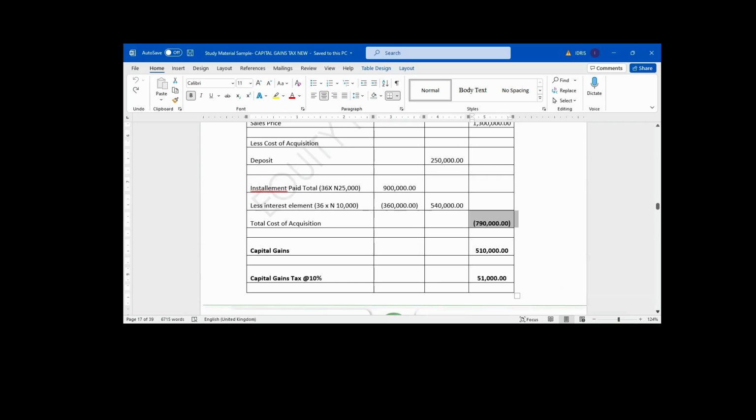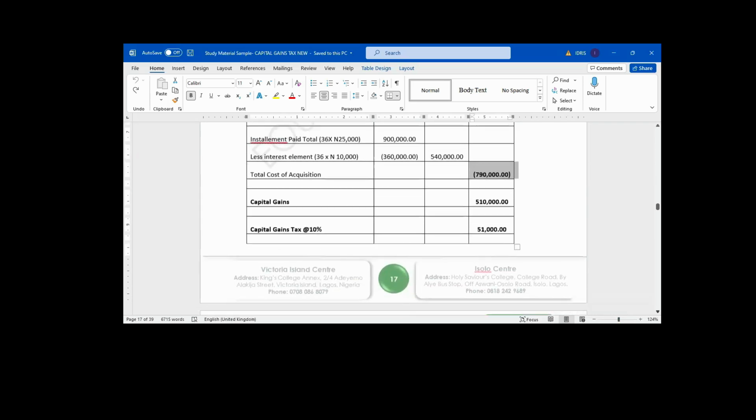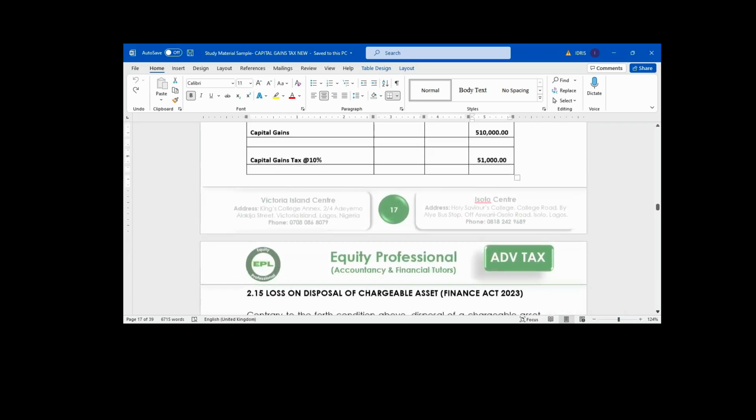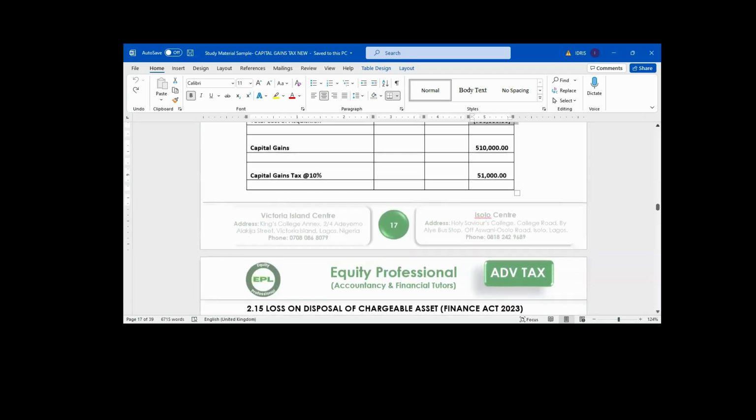Our capital gain will be 510, so the capital gain tax will be 51,000. Any question on this? Any observation?